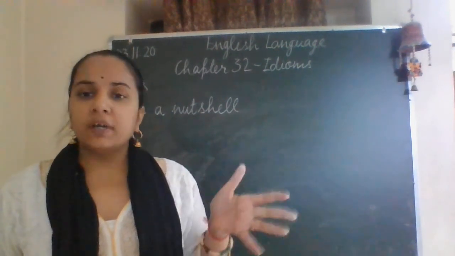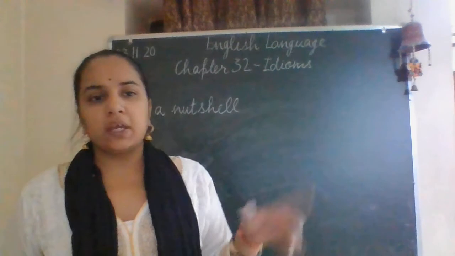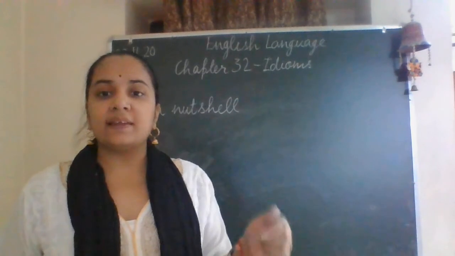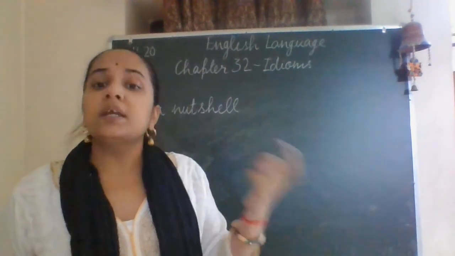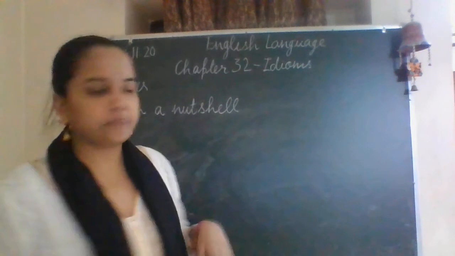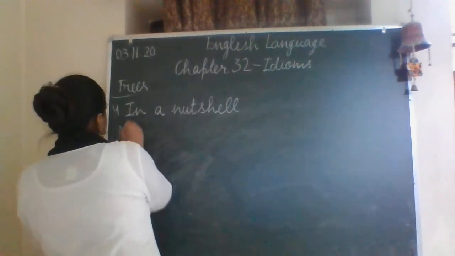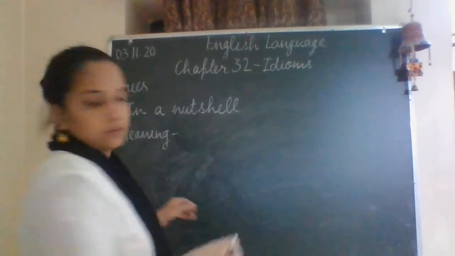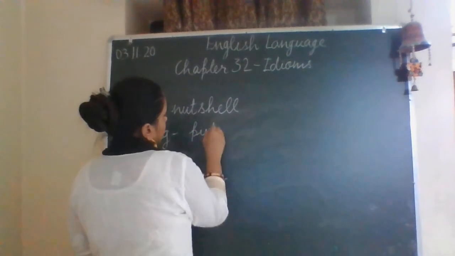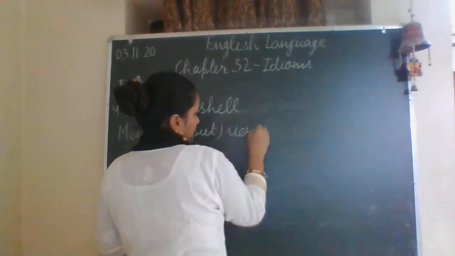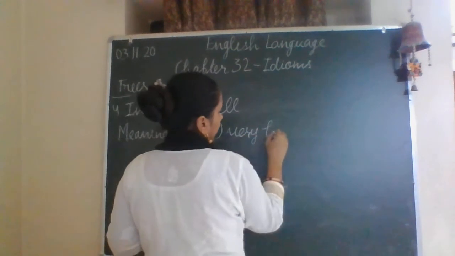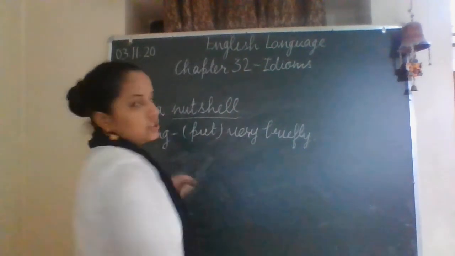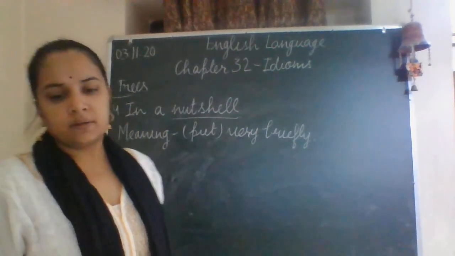For example, when you write a letter or application, you write the subject in which you mention why you are writing the letter in one line. So that is in a nutshell, very, very brief. Actual meaning is very briefly. Nutshell is the part of the tree which is used here.